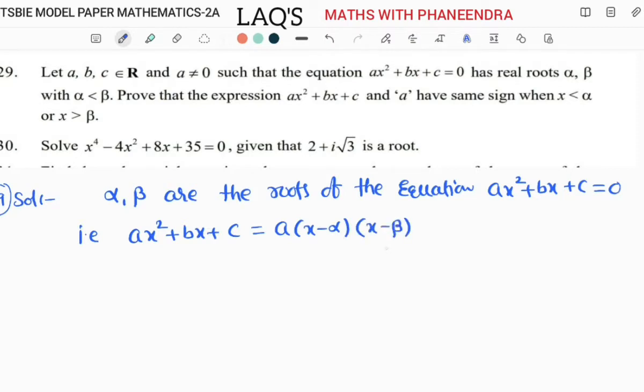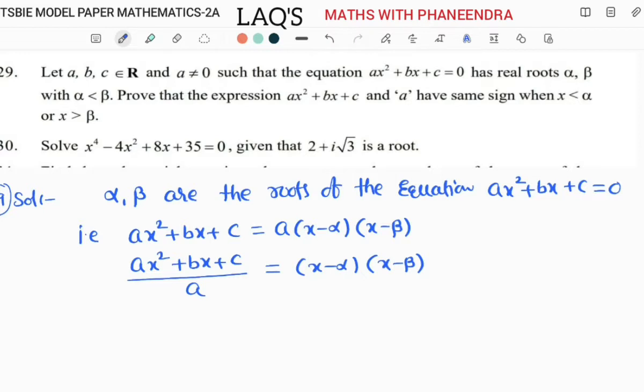So we can take a into the denominator of LHS. So ax square plus bx plus c divided by a is equal to x minus alpha into x minus beta. Keep this result in mind. This is very important. This is a basic step.